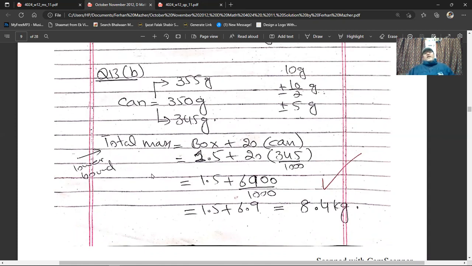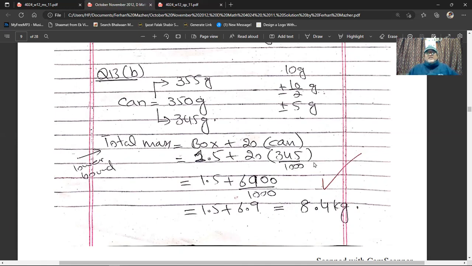Their question is, I want to find out the total mass, its lower bound, of a box and 20 cans, and you want the answer in kg. Because you want the lower bound of the total mass, I will take the lower bound of the mass of the box, and I will also take the lower bound of the mass of the can. So 1.5 kg plus 20 times 345, that's in grams, so I will divide it by 1000 to convert it into kg.